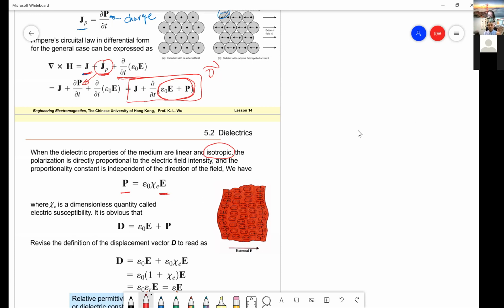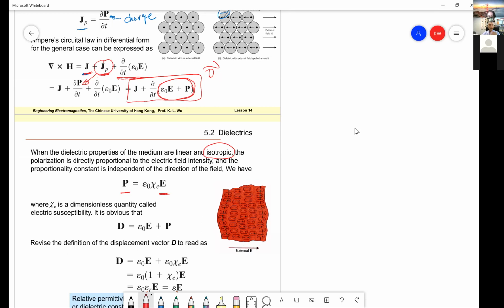The opposite of isotropic we call anisotropic. For example, some materials, strictly speaking, are anisotropic in their properties, like the FR4 PCB board, circuit board, because it is made of layers of fiber. So it's a layered problem, and the field in this direction or that direction is, strictly speaking, not equal.